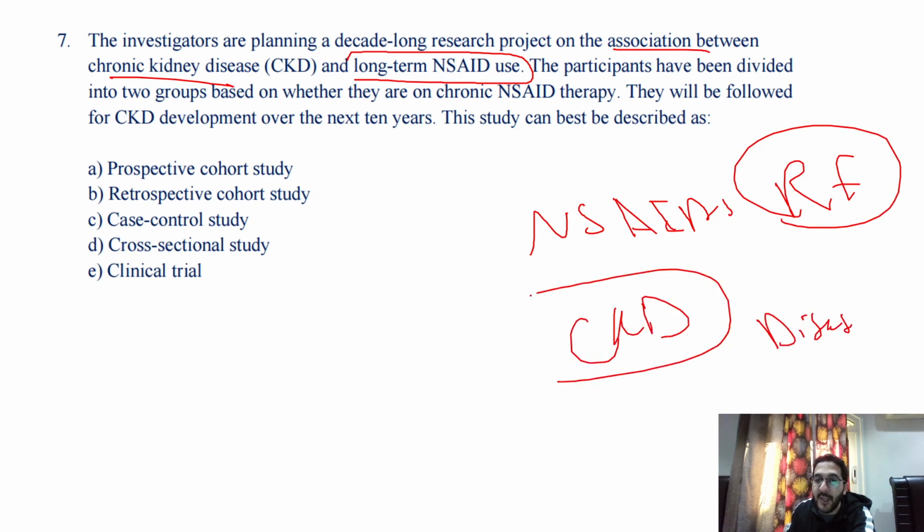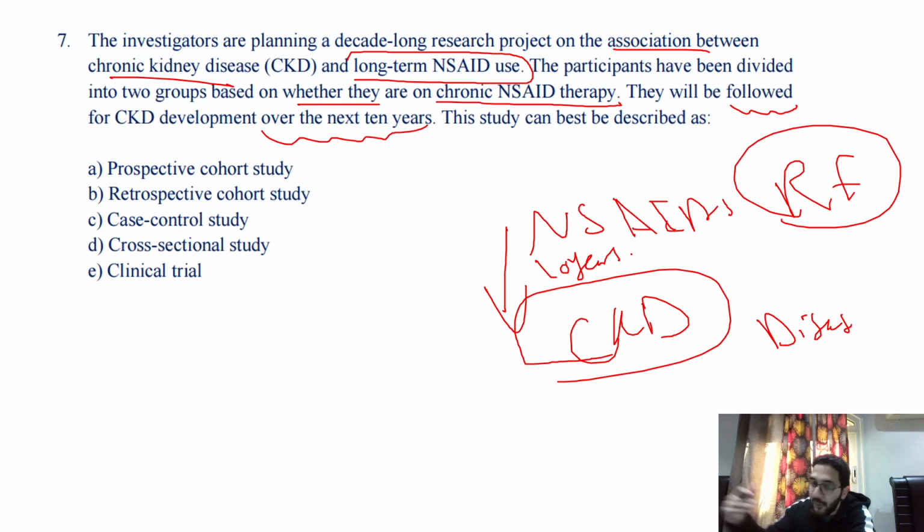Try to arrange things as much as you can to make things more clear. So we divided patients by whether they are on chronic NSAID therapy or not, and followed them for the next 10 years. So you started with the risk factor and moved forward to see whether they will develop CKD or not. This seems obvious because you're starting with the risk factor, moving forward.